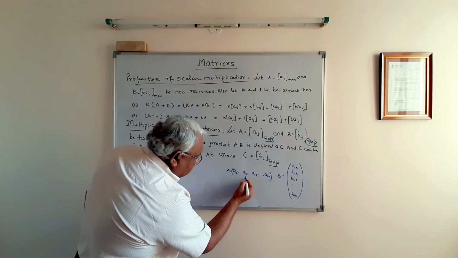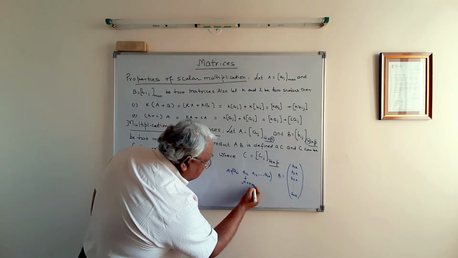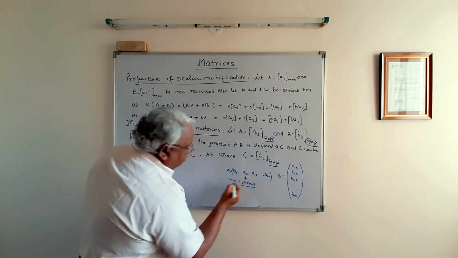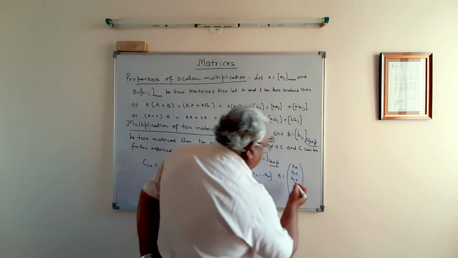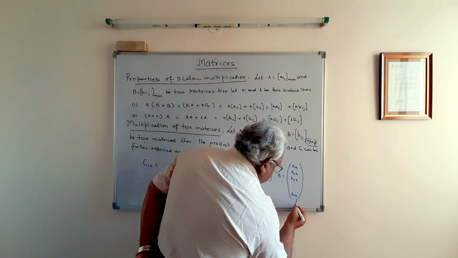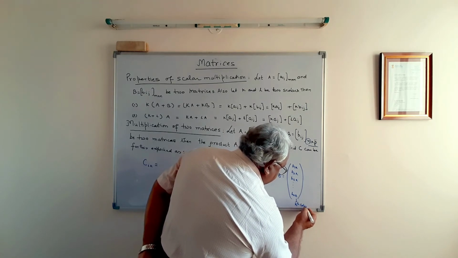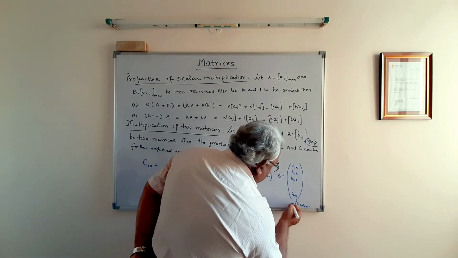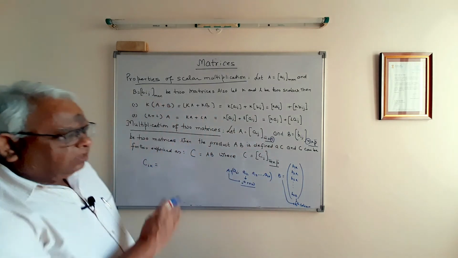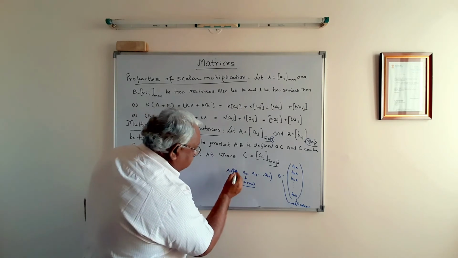This is the ith row of A, and this is the kth column of B. Now when this is multiplied, what will happen? Look here.